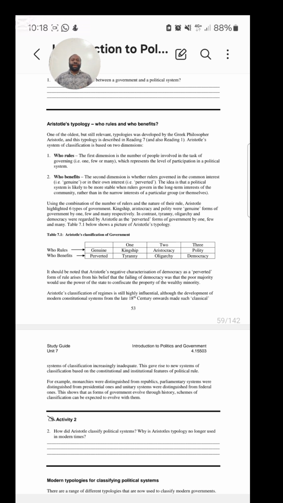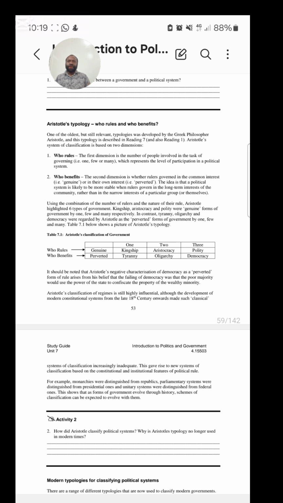But importantly to mention here, Aristotle's classification forms the basis of the modern day classification of types of political system. The modern day types of political system are centered around these two dimensions of who rules and who benefits.